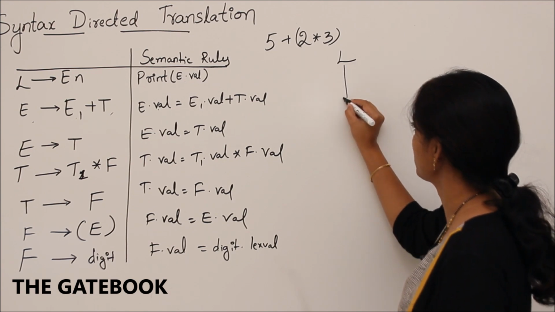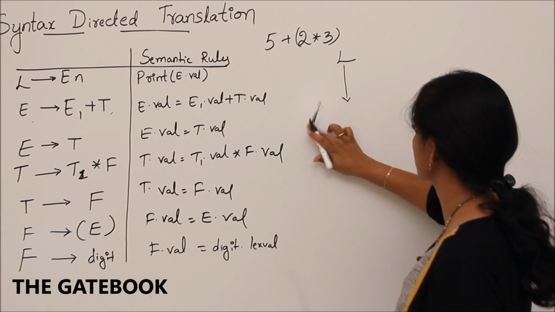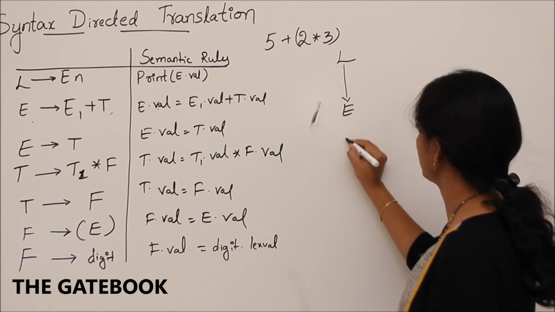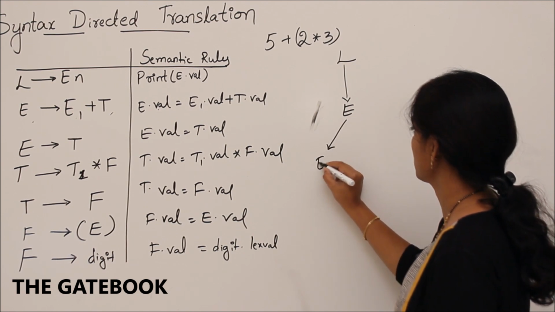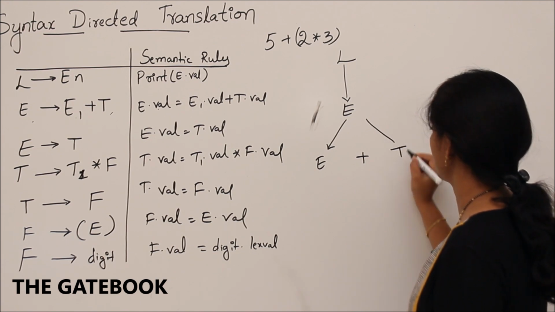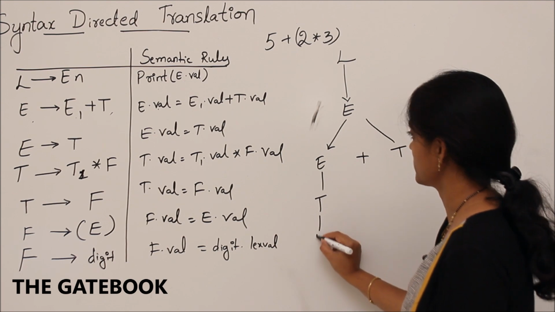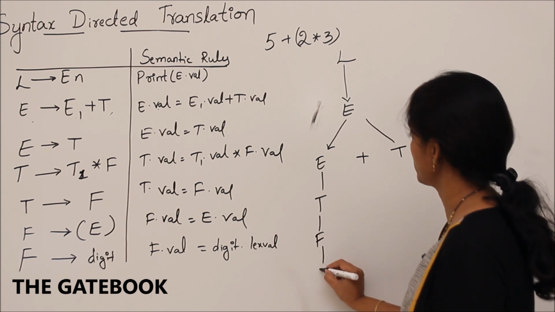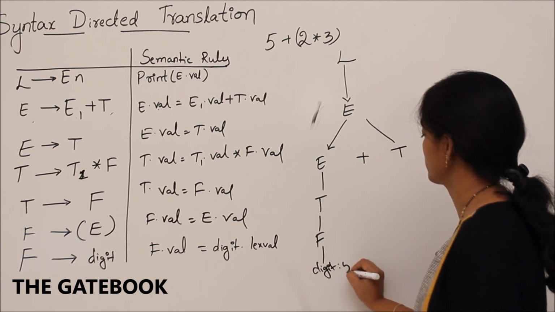First L derives E, and E derives E plus T. This T derives F, this F derives digit, that is nothing but 5.